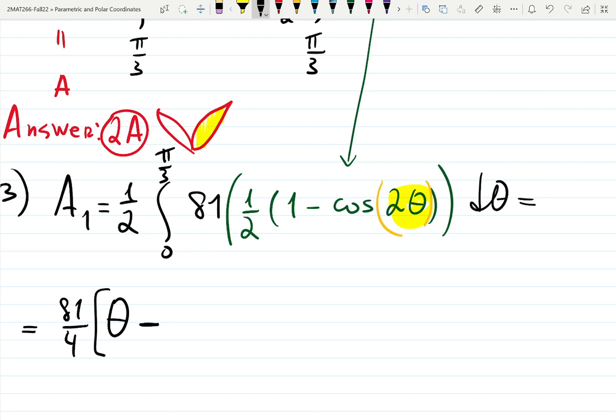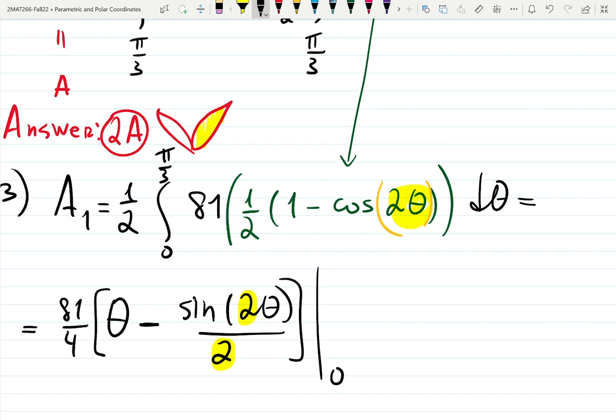But minus was in front of it. So it's going to be sine 2 theta over 2, divided by the leading coefficient, or just perform your substitution from scratch. Bar from 0 to pi over 3. Luckily 0 makes everything 0 because sine of 0 is 0. So we only need to care about the number pi over 3.